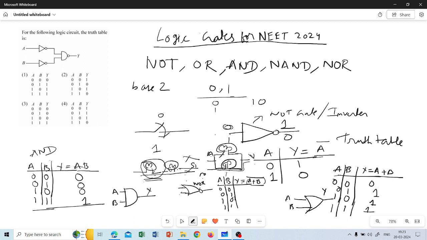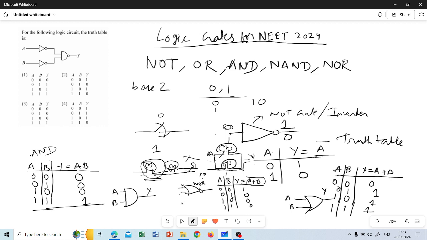That is, you pass it through an inverter, a NOT gate. So you can think of the OR gate followed by a NOT gate at the output. So I can write this as 1, 0, 0, 0. Only when both inputs are 0, the NOR gate output is 1.